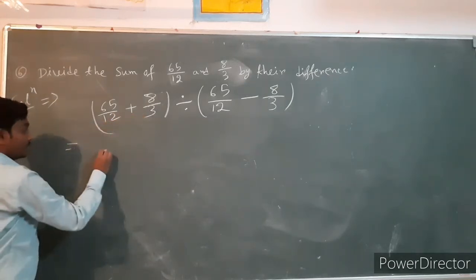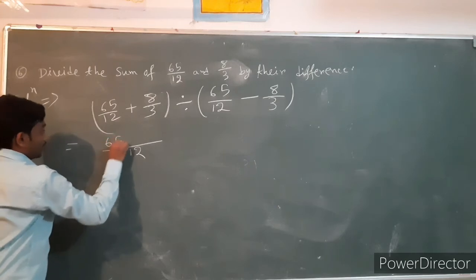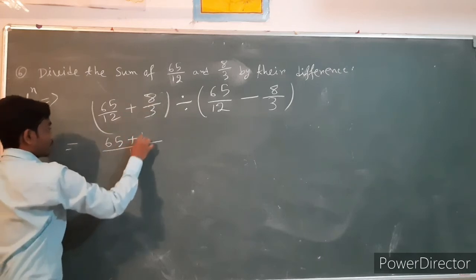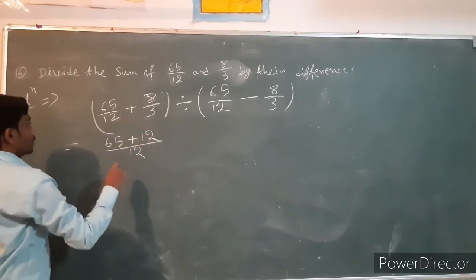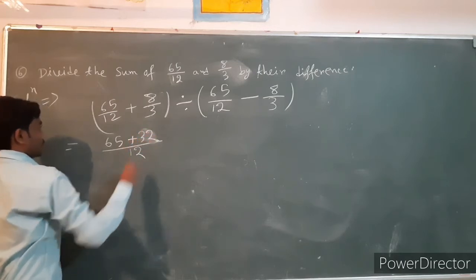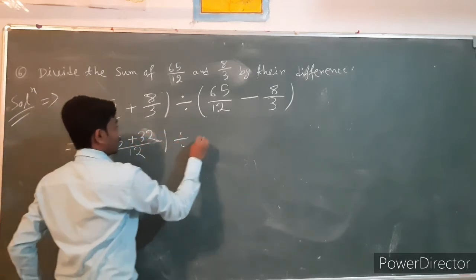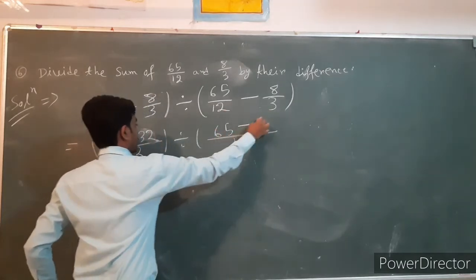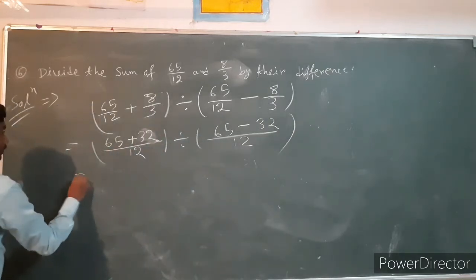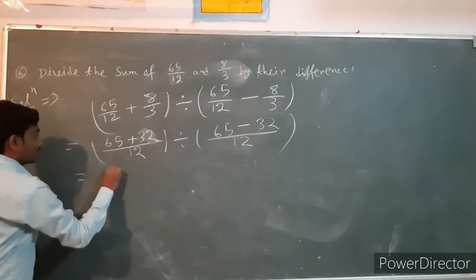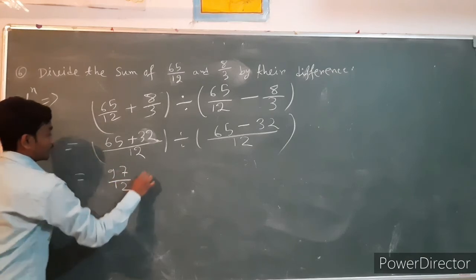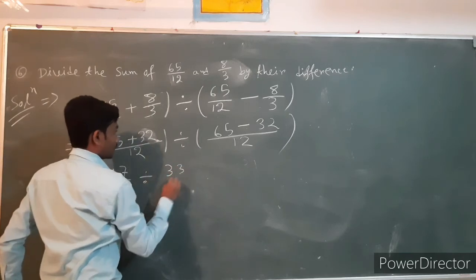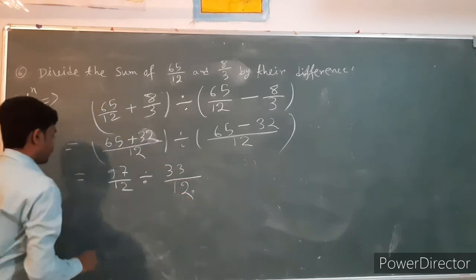LCM of 12 and 3 is 12. 65 plus 12 divided by 3 is 4, 4 into 8 is 32, divided by LCM 12, 65 minus 32. 65 plus 32 is 97 upon 12, divided by 65 minus 32, 33 upon 12.